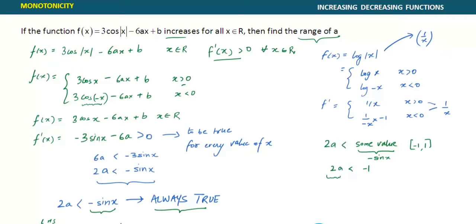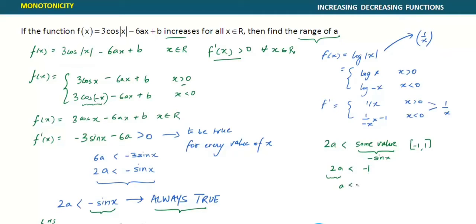But if I say LHS is, let's say, 0.5, then there is a problem. Then you do not know whether it will be less than minus sine x or not, because it might be possible that minus sine x will return 0.7, because minus sine x ranges from minus 1 to 1. But if it is less than minus 1, then you are sure that this value will always be less than minus sine x. So you want 2a to be less than minus 1.